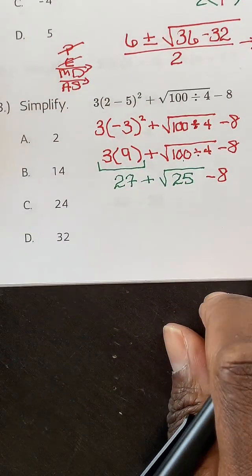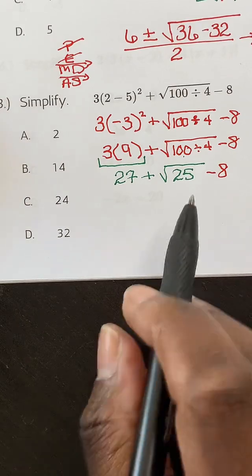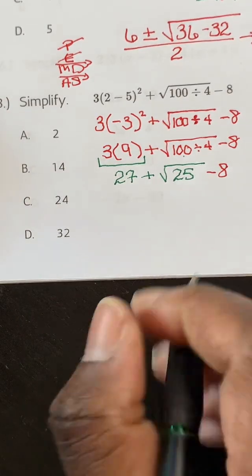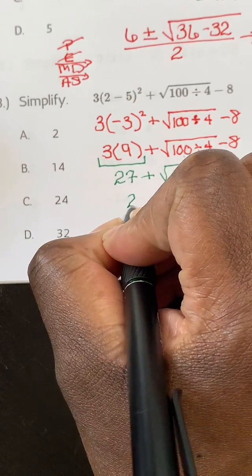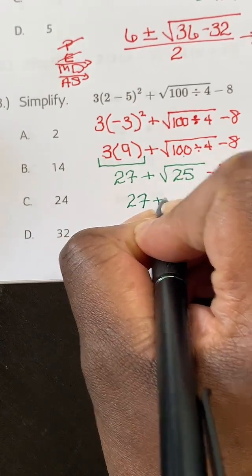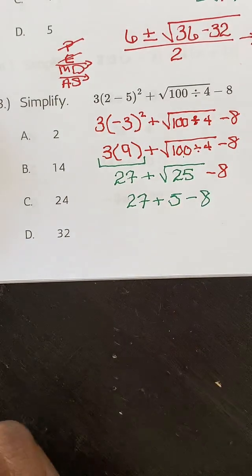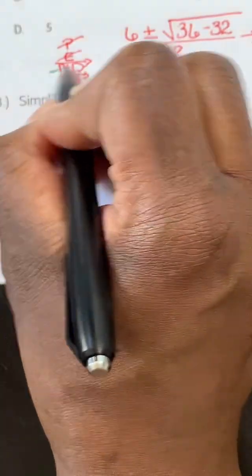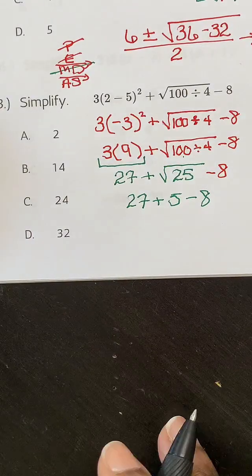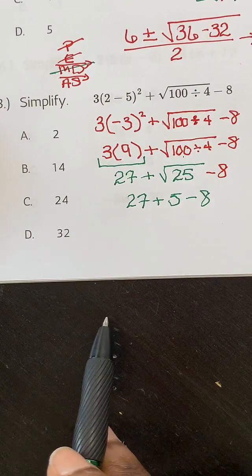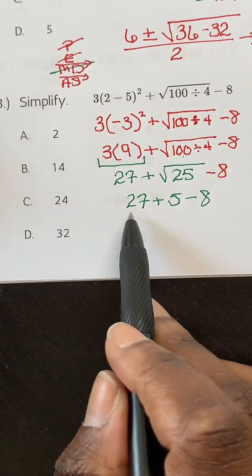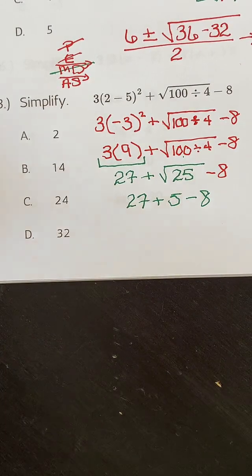But that square root of 25, that will give me 5. 27 plus 5, bring down the minus 8, okay? So we took care of all the multiplying, dividing from left to right. Now we're looking at adding and subtracting. Again, from left to right.